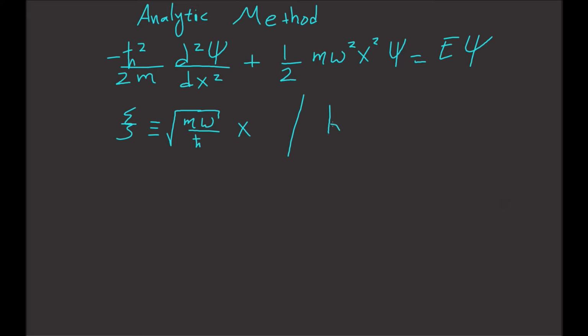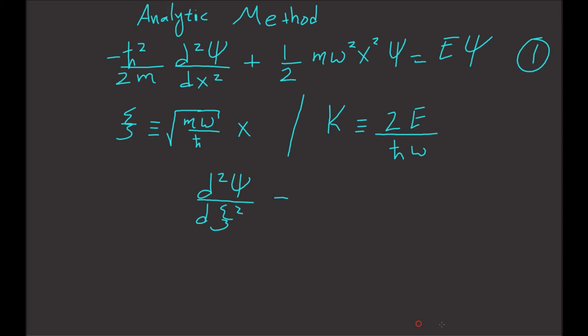And the second variable is k, and we're gonna define k as 2E divided by h bar omega. So in terms of squiggly, the Schrödinger equation number 1 will become the second derivative of psi with respect to squiggly equals squiggly squared minus k times psi, and we're gonna call this equation number 2.